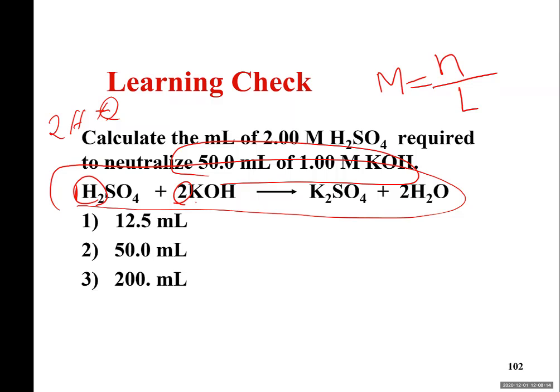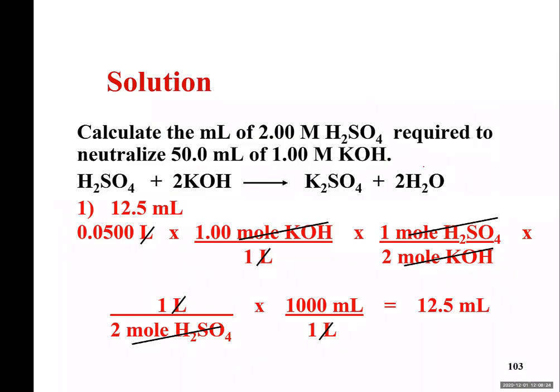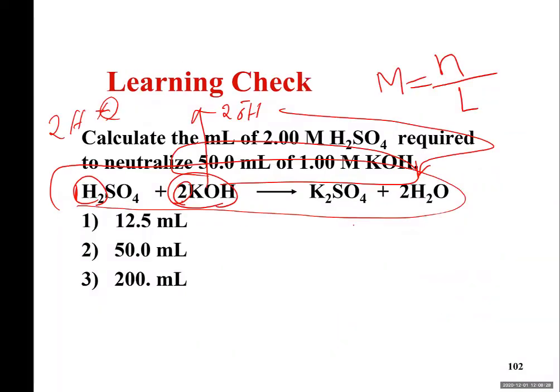If I take two of these, this will give you 2 OH. Right. Then you get 2 water. You see that? 2H plus needs 2 OH minus to make 2 water.